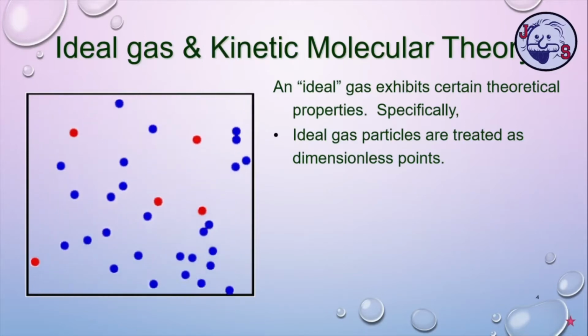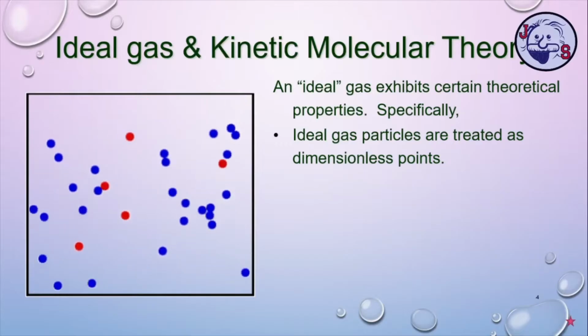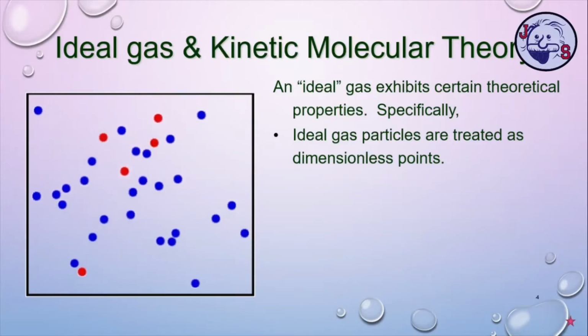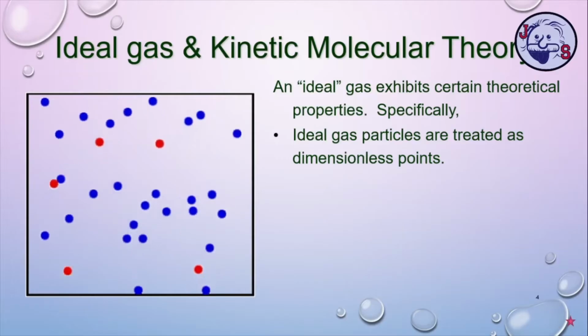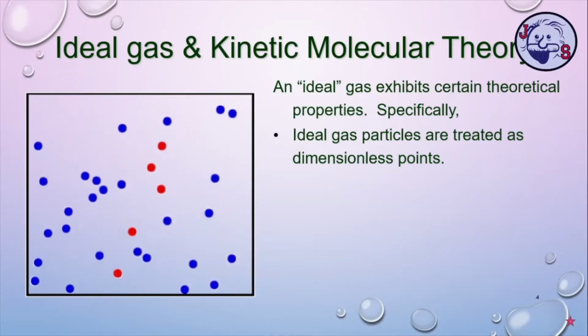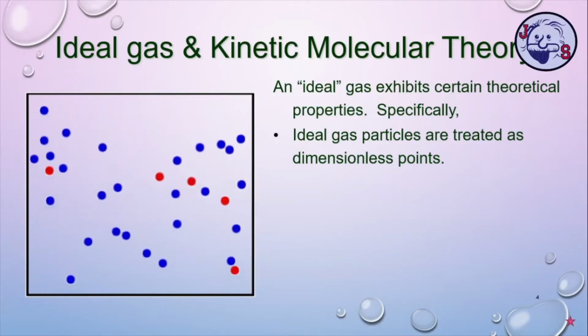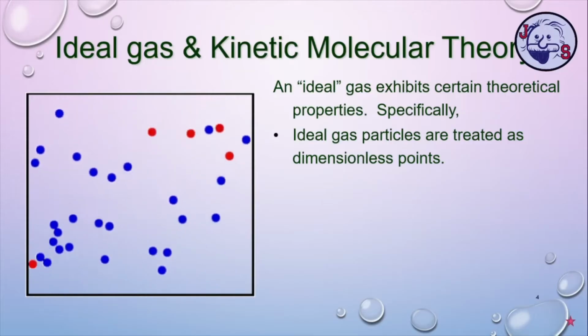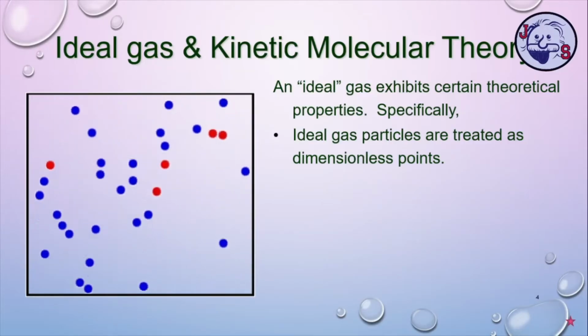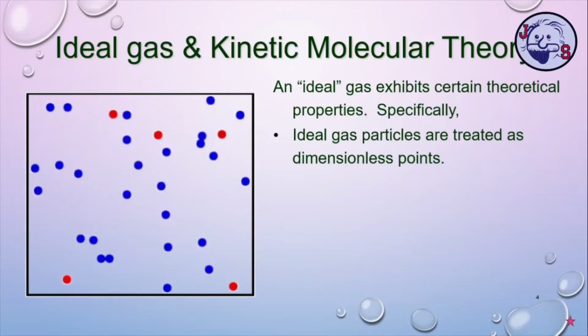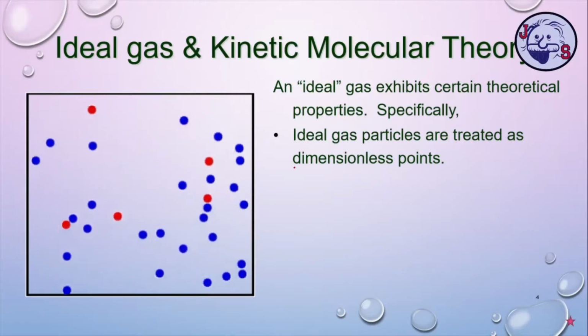Number one, ideal gas particles are treated as dimensionless points. What do you mean by this? What measurable property are we talking about when we say dimensionless point? This is the volume.